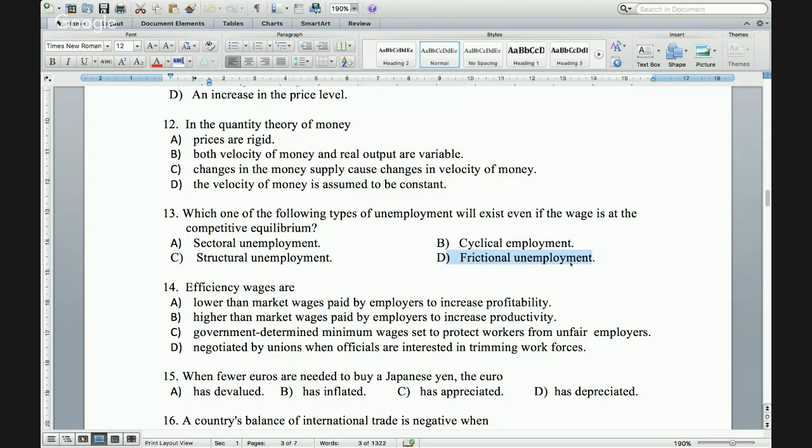Your employer no longer needs you, and you end up getting a job at an equally competitive rate of wages. You don't have to suffer a cutback or a reduction in wages in order to compete with somebody else to get that job. So your answer here is frictional unemployment still will actually exist even if wages remain at a competitive level.